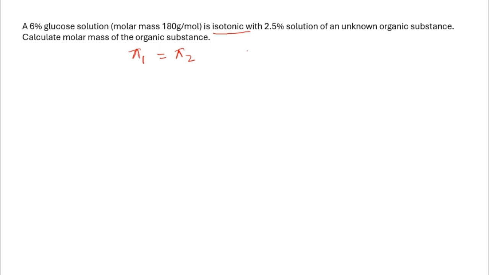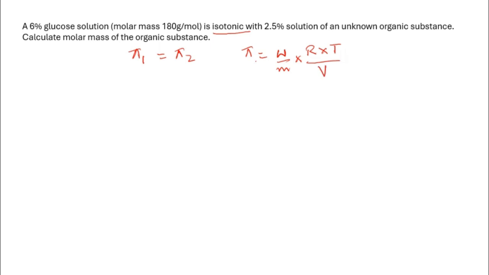Now the formula for pi we saw in the colligative properties video, which is equal to the mass of the substance divided by the molar mass of the substance, multiplied by the gas constant, multiplied by the absolute temperature, divided by the volume of the solution.